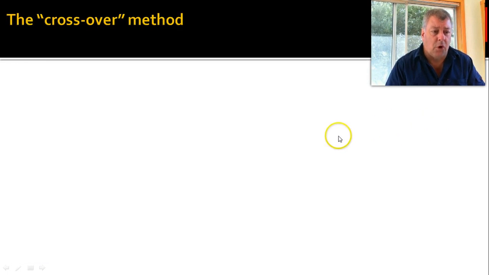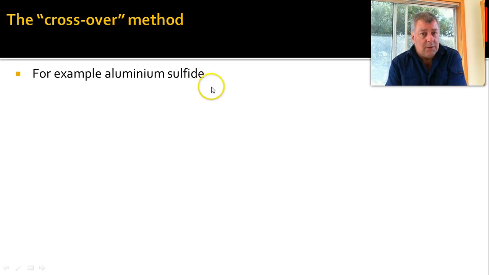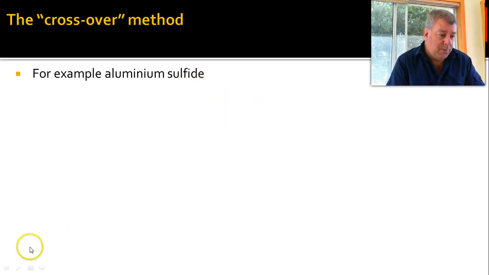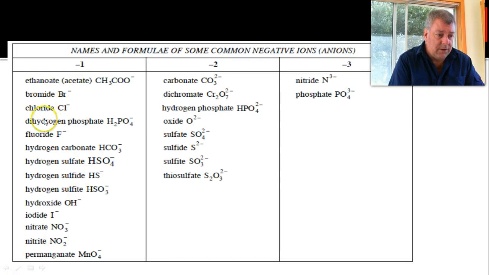So what's the crossover method? Well, let's do aluminium sulfide. We go to our table and we see that aluminium is +3, and we look up sulfide in our table. Where's sulfide?